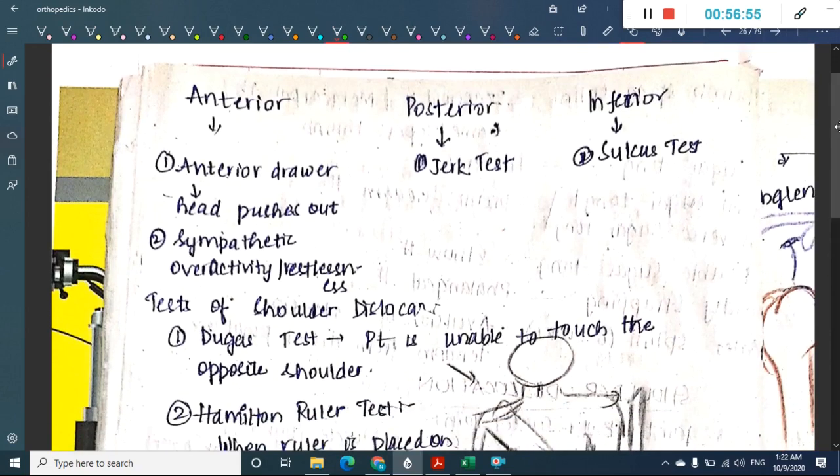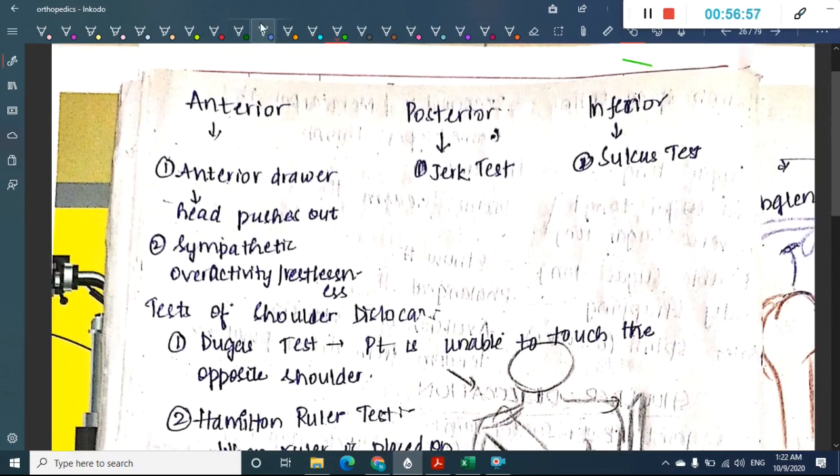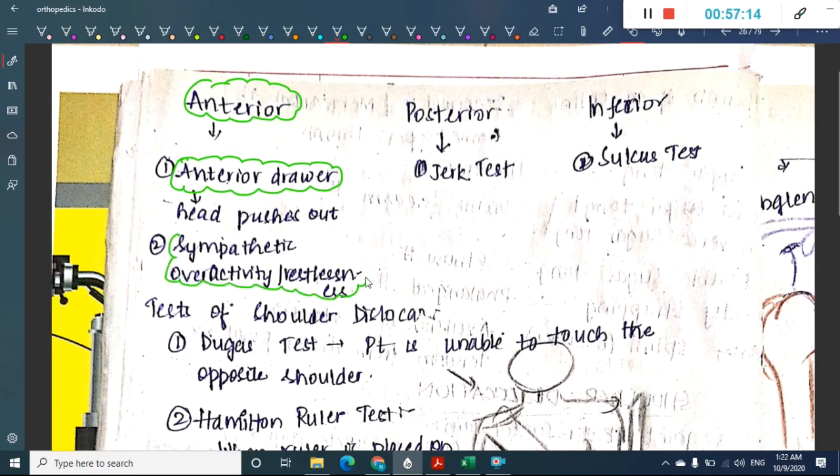Then we will see the different tests which you see in shoulder dislocation. For anterior dislocation we can do the anterior drawer test, where the head is pushed out, and we also see sympathetic overactivity or restlessness.